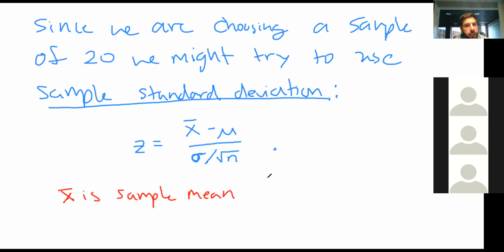Remember, in this particular problem, we're interested in knowing the mean of the sample. And I keep repeating myself, but it's very important to distinguish the difference between what we're doing now compared to what we did last week.